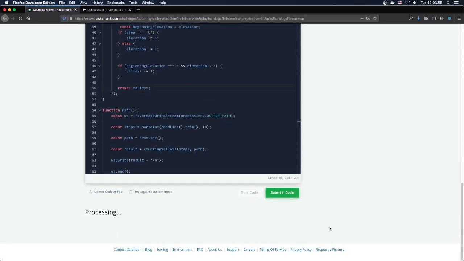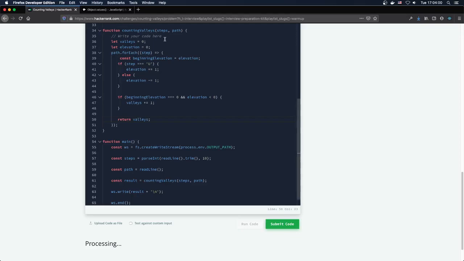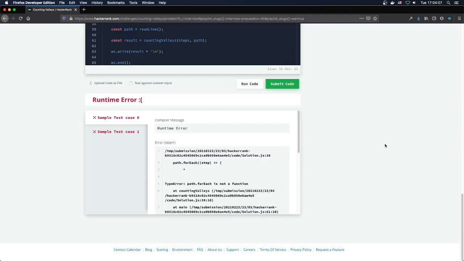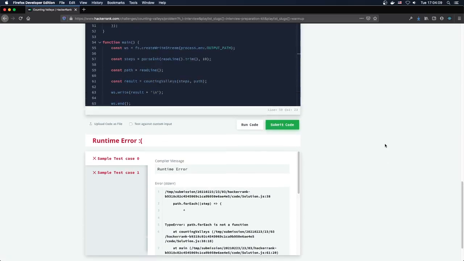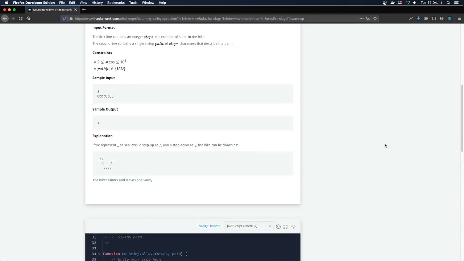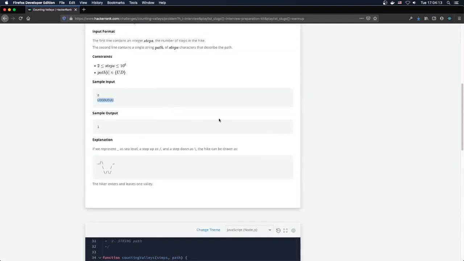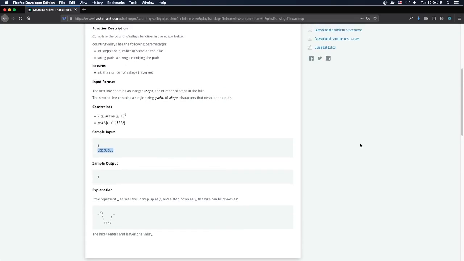See how that one did. Path.forEach. Oh, what is path? Oh, is it this? Oh, it's just a string.